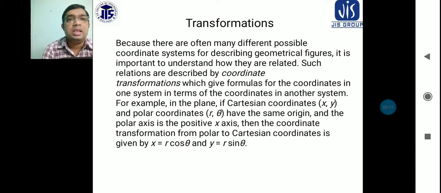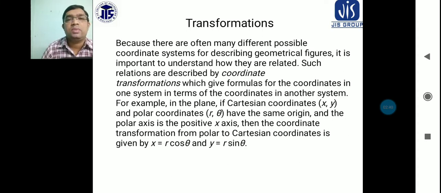For example, in the plane, if Cartesian coordinates x, y are considered, and polar coordinates r, theta are considered, we have the same origin, and the polar axis is the positive x-axis, then the coordinate transformation from polar to Cartesian coordinates is given by the equation x equals r cos theta.